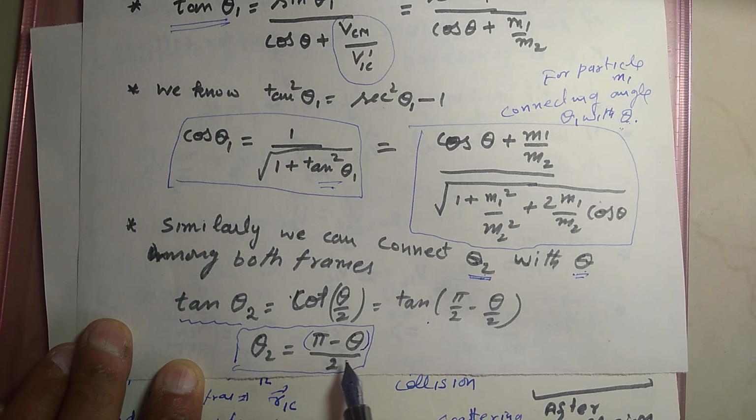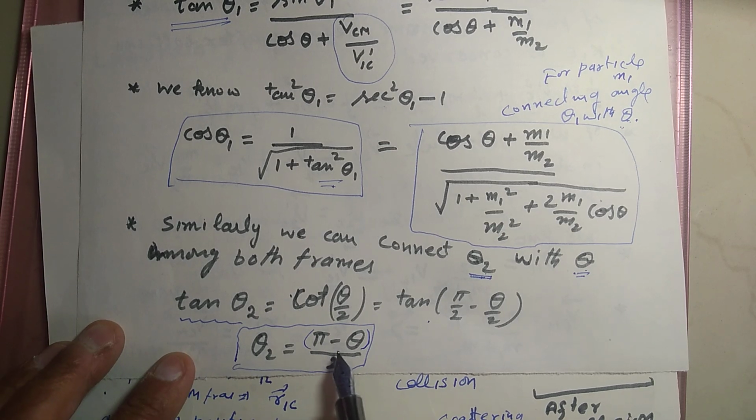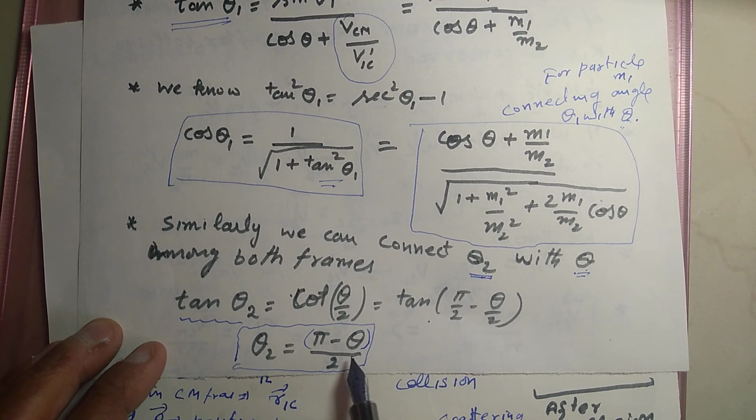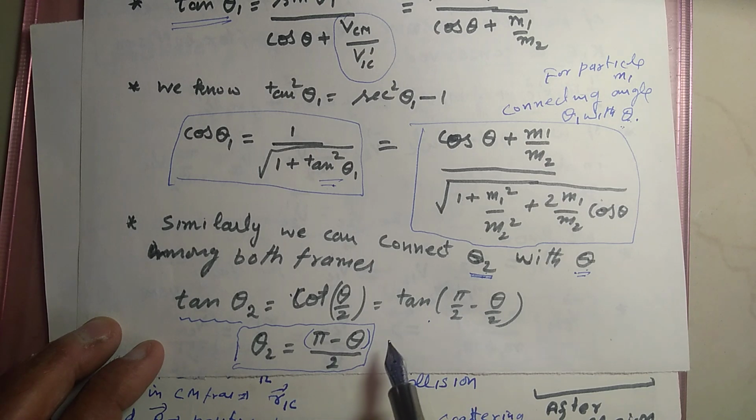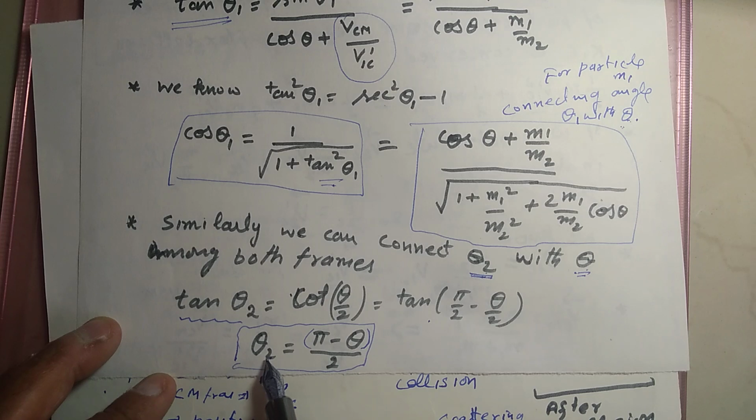So this is the connecting angle between theta 2 for the target in the lab frame and the angle in the center of mass frame. This is the scattering angle for the target particle, and we can connect through this formula.